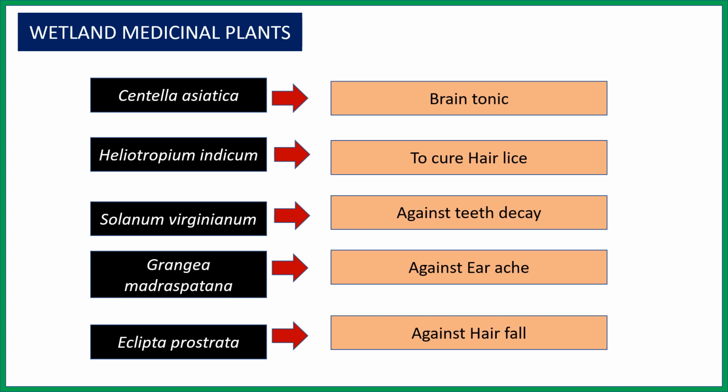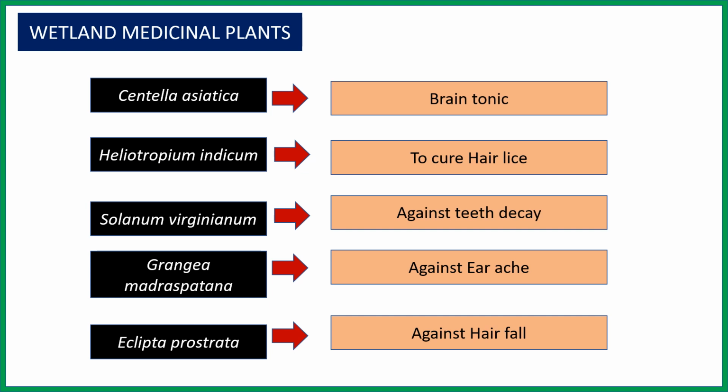Or Heliotropium indicum, the leaves of Heliotropium indicum are crushed, and you can apply it externally on your hair, so it cures hair lice. Solanum virginianum acts against teeth decay. The stem is useful for this.